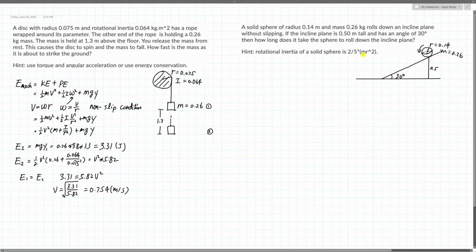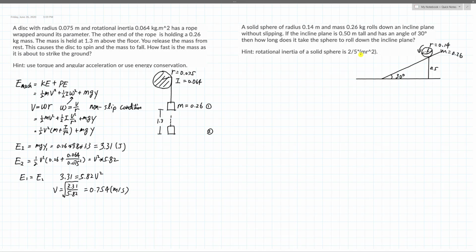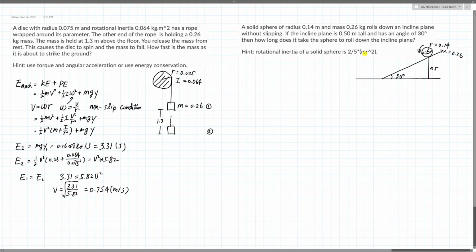Then we have this formula. This is a formula for the rotational inertia of a solid sphere, and we would need to do that calculation, but not at this moment.